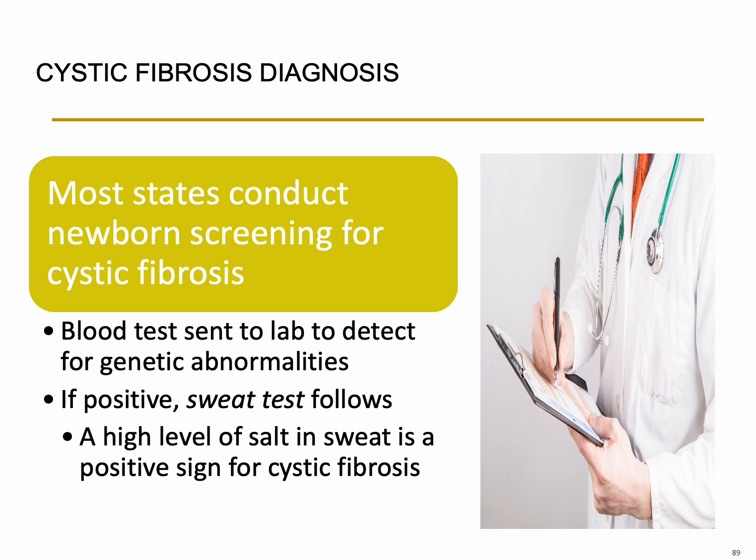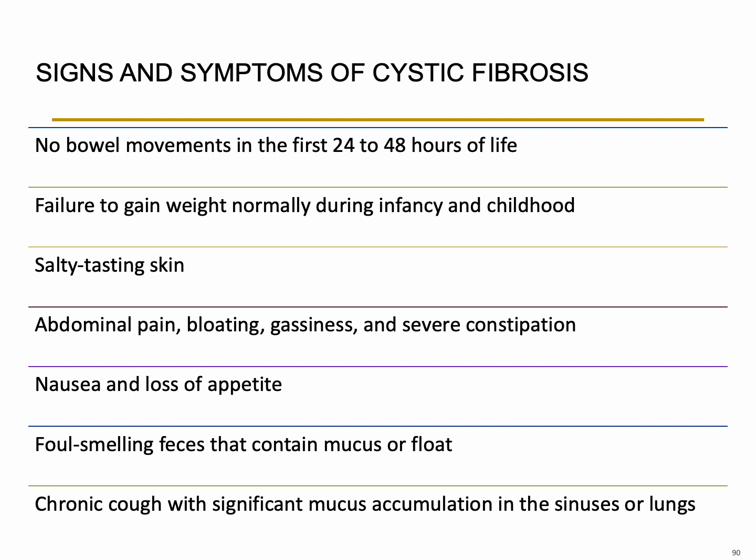It is possible for families who have a history of cystic fibrosis to undergo prenatal testing to assess their risk of having a child with cystic fibrosis in the future. Here are some of the signs and symptoms of cystic fibrosis. In the U.S., all newborns are screened for cystic fibrosis during the first several days of life.